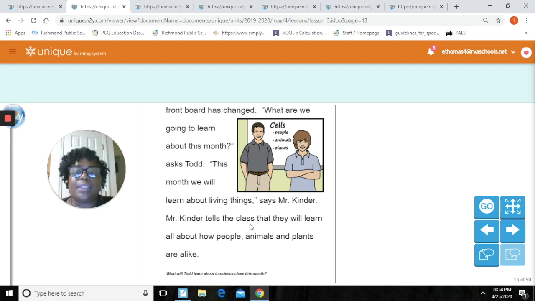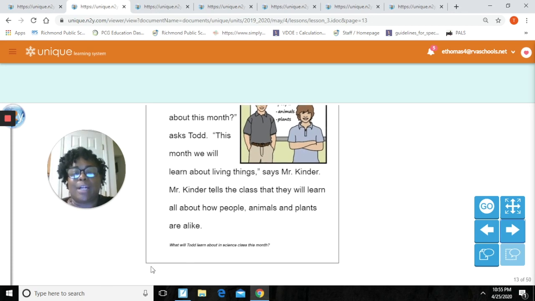Mr. Kinder tells the class that they will learn about how people, animals, and plants are alike. So let's answer the question that is at the bottom of this page. What would Todd learn about in science class this month? Did you say they're going to learn about how people, animals, and plants are alike? You were exactly right, because here's an answer right here, okay?